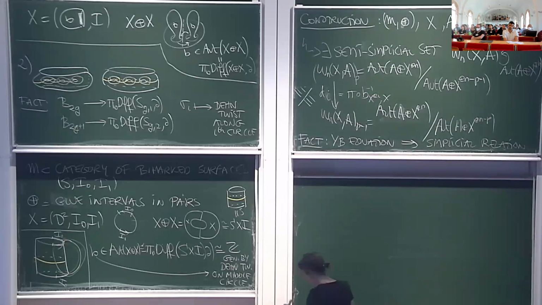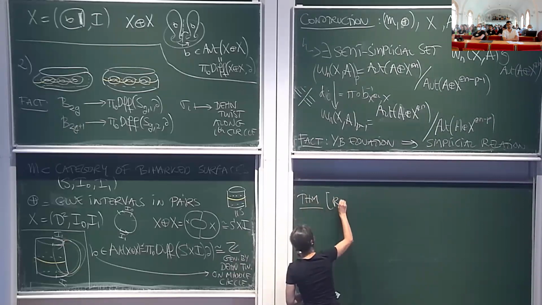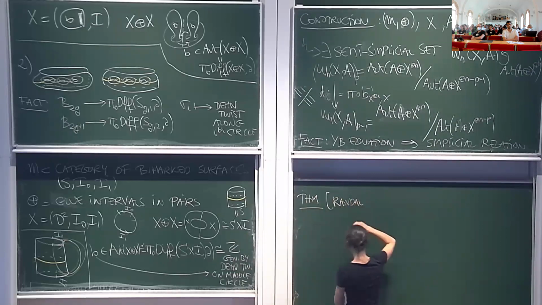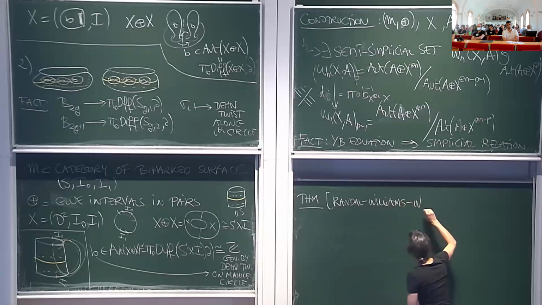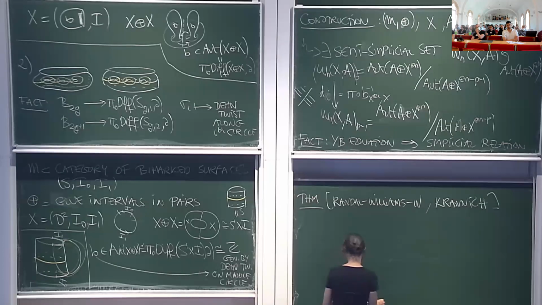So this space, which you can naturally construct given this data, is useful and related to stability for the following reason. The theorem is essentially in work of Randall Williams and myself, but this was improved by Manuel Krannich, and I'm giving a version here that includes his improvement.